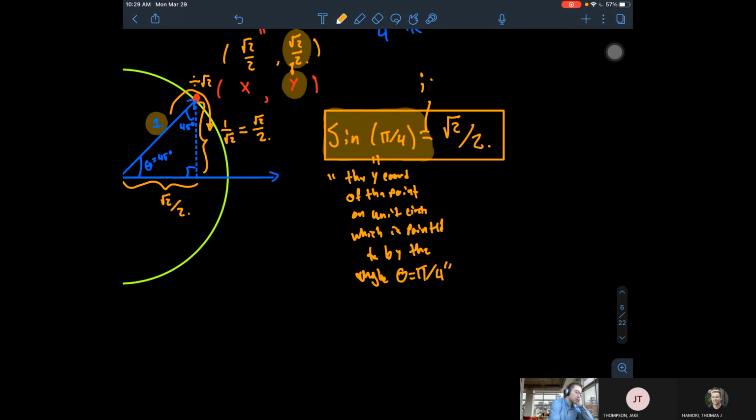And the equal sign means is. And then the right-hand side is the height of that point.